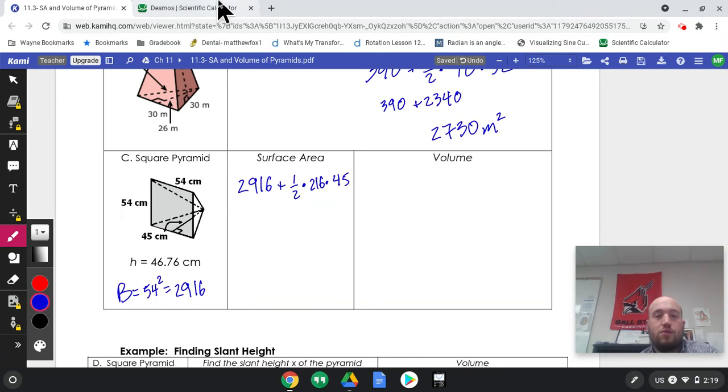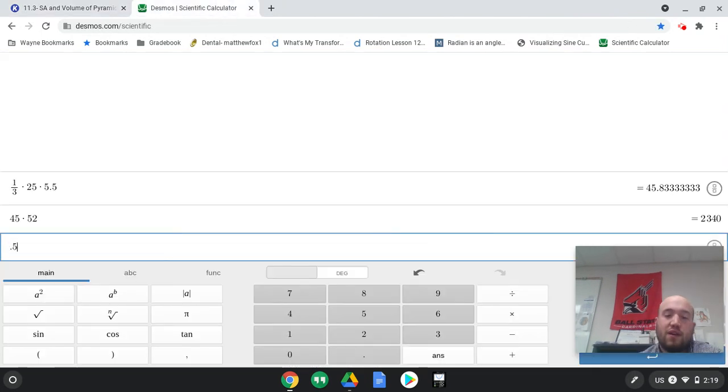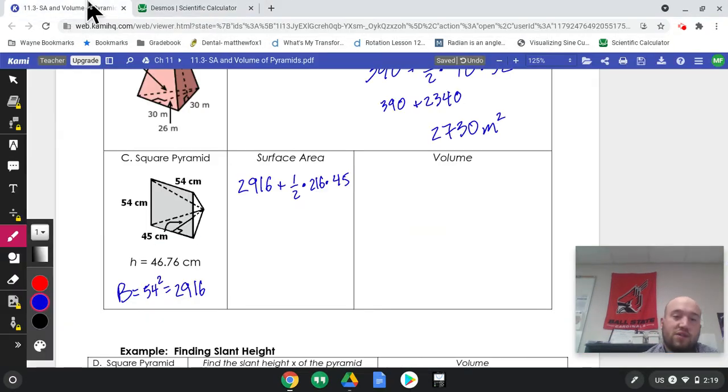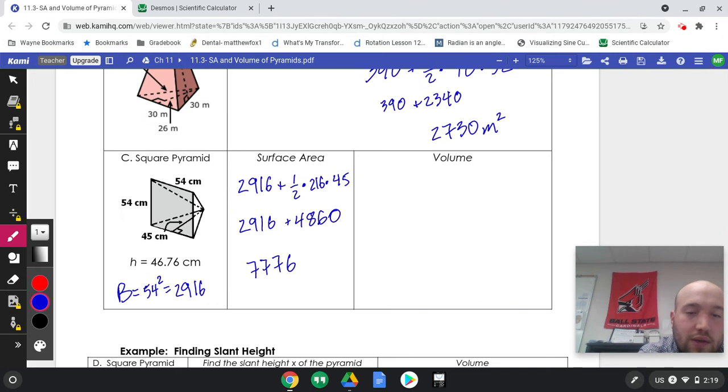So 1/2 times 216, so 0.5 times 216 times that 45 for the slant height gives us 4,860. So the 2,916 stays plus 4,860. We add those two together, and once again, I'll save us a little time, 7,776 centimeters squared.